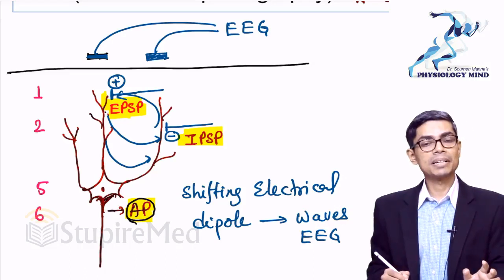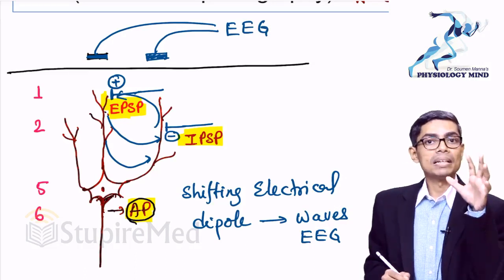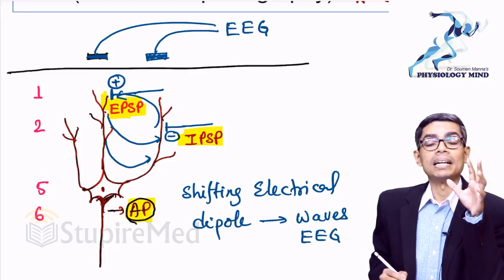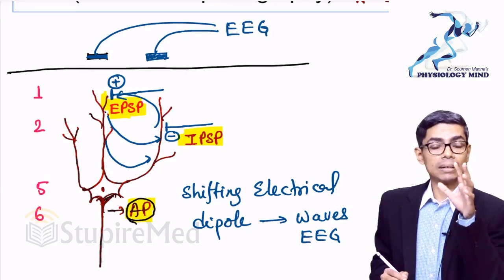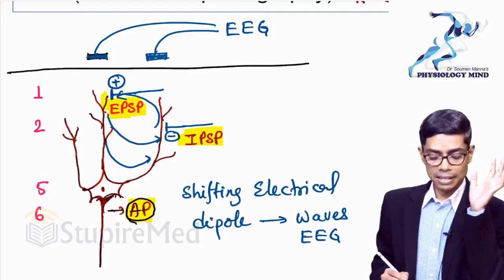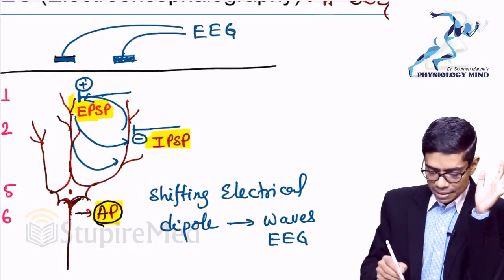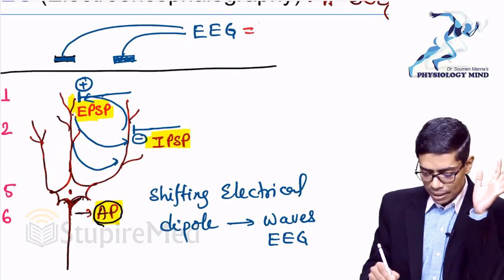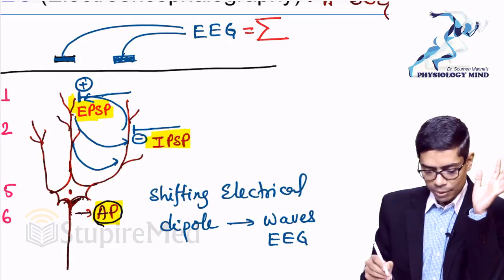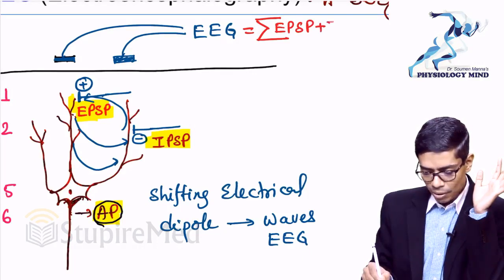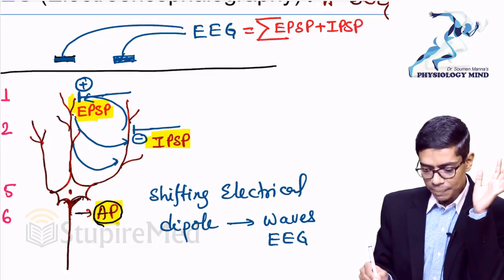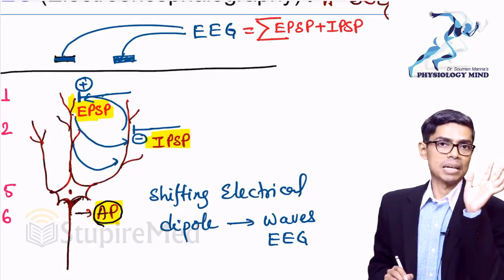Which electrical activity? All the EPSP, all the IPSP which are occurring on the dendrites. That means EEG is nothing but the summated voltage of all the EPSP or all the IPSP which are occurring simultaneously.